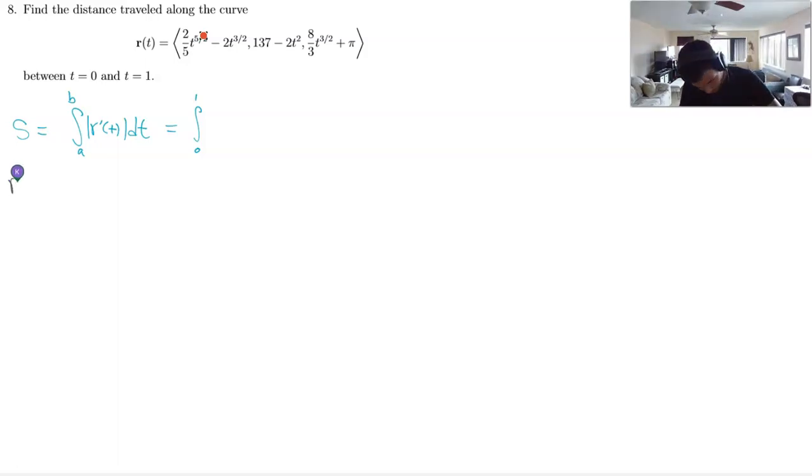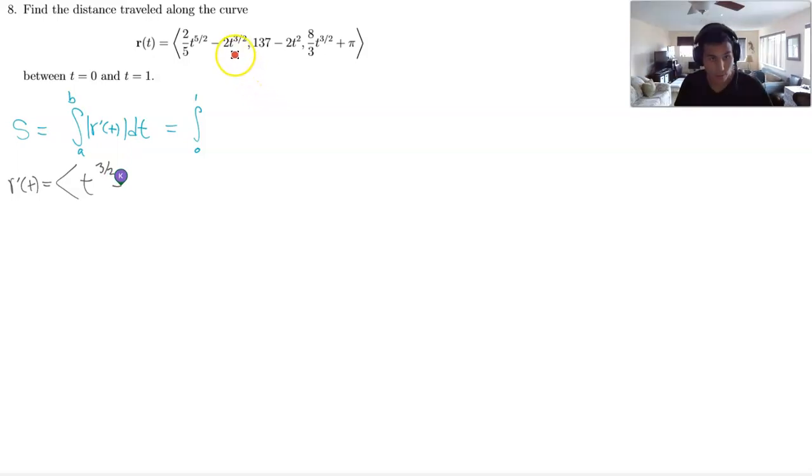So R prime of t is just the time derivative of this. Let's make sure we take it properly or else everything will mess up. Again, derivative of a polynomial: the exponent comes down and you subtract from the top, right? So it's going to become t to the 5/2 minus 2/2, which is 3/2.